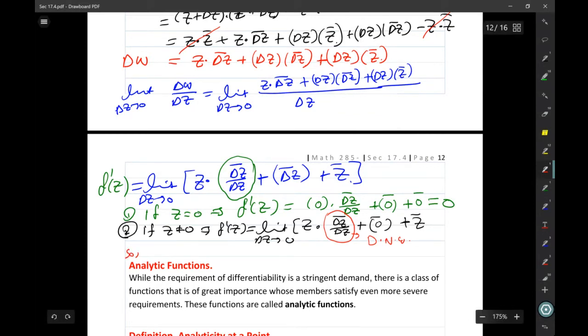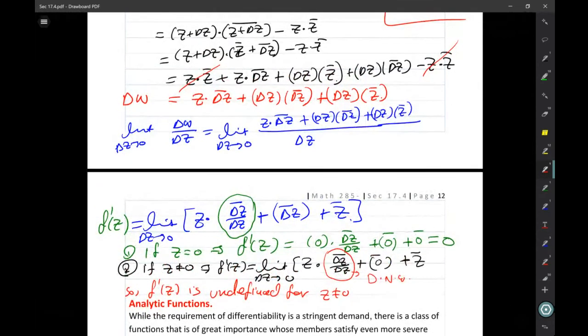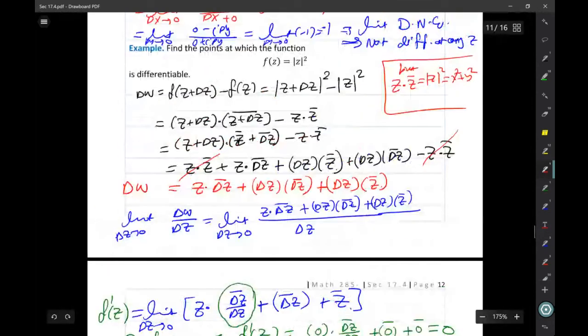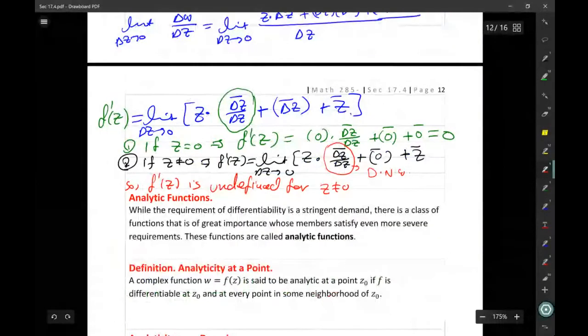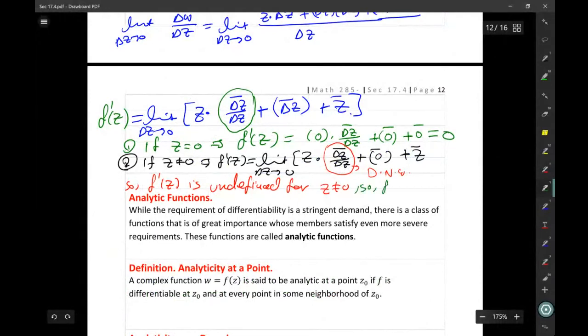So f prime of z is undefined for z not equal to 0. But from the first case, it is differentiable at 0. So when they ask to find the points at which the function is differentiable, the function f of z is differentiable at z equal to 0 only.